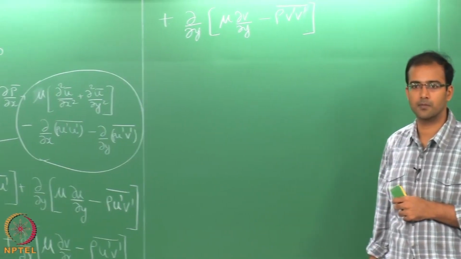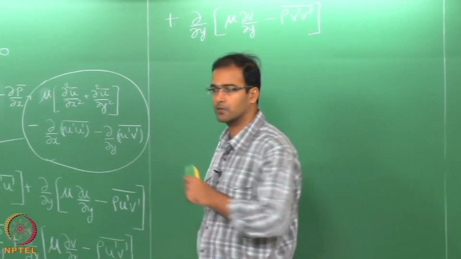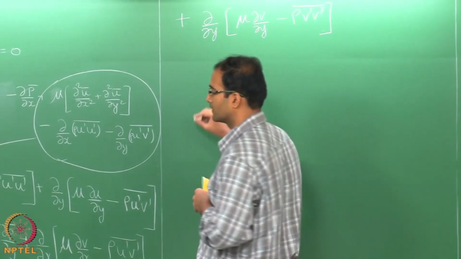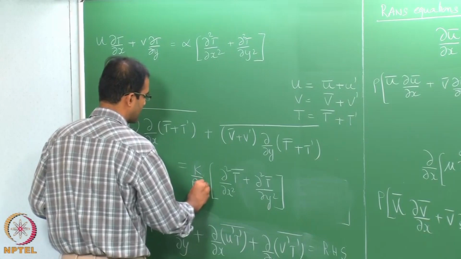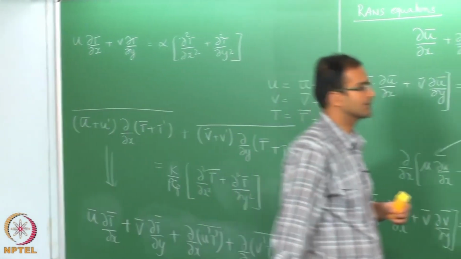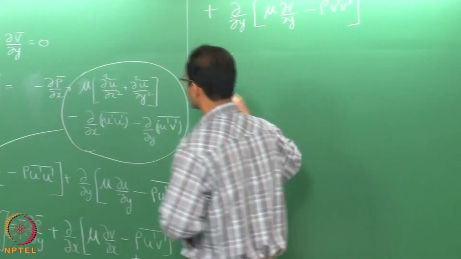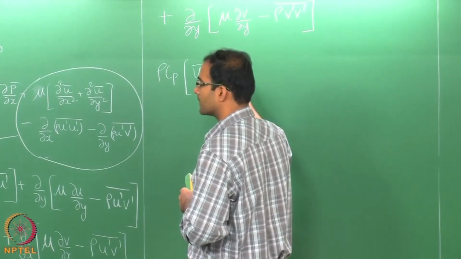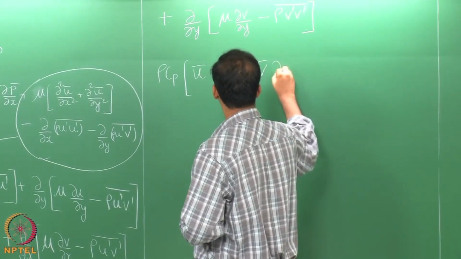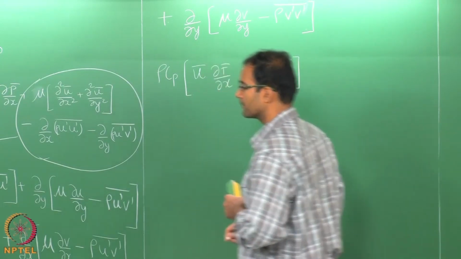So, this will be the structure of my y momentum equation, and finally the energy equation I am also going to write in the same way. Alpha is k by rho Cp, so I am going to multiply throughout by rho Cp. So I have rho Cp into u bar dT bar/dx plus v bar dT bar/dy.